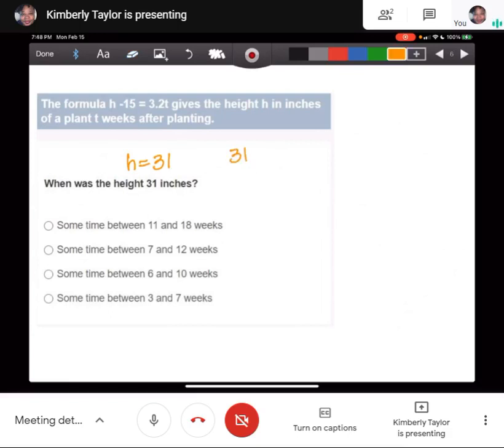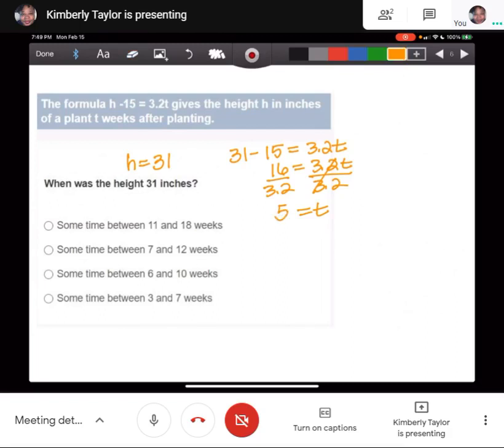So we have 31 minus 15 is equal to 3.2t. Let's calculate that. 31 minus 15 gets me 16, equal to 3.2t. And I need to divide both sides by 3.2. And so the value of t, which is going to be time in weeks, is going to be 5.